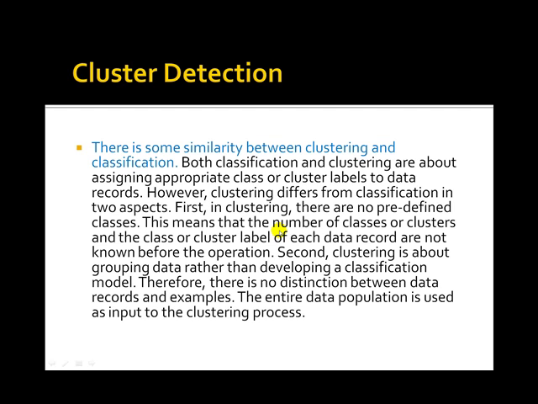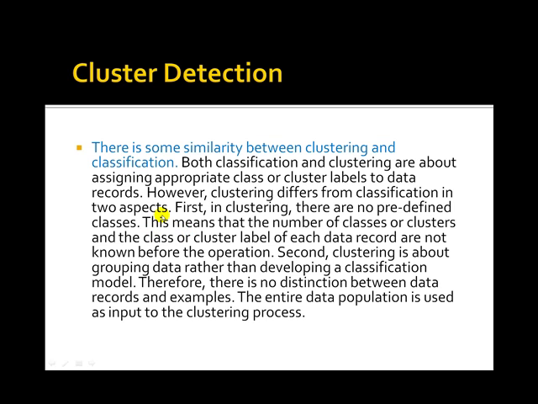Anyway, there is some similarity between clustering and classification. Both classification and clustering are about assigning appropriate class or cluster labels to data records. Actually, I don't really agree with that. However, clustering differs from classification in 2 aspects. First, in clustering there are no predefined classes.